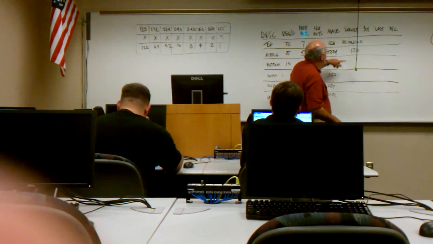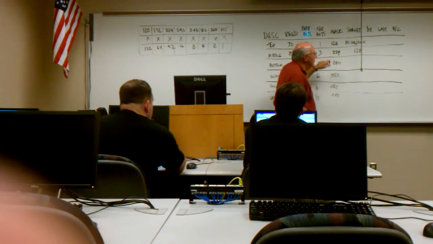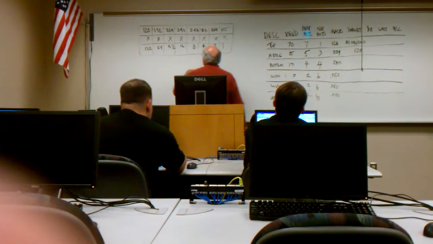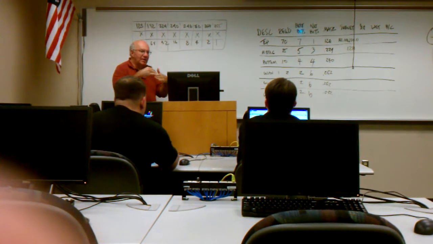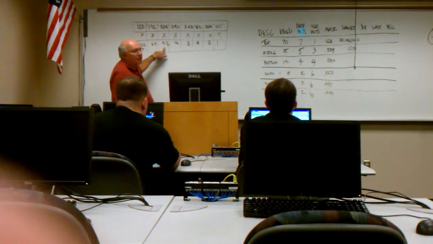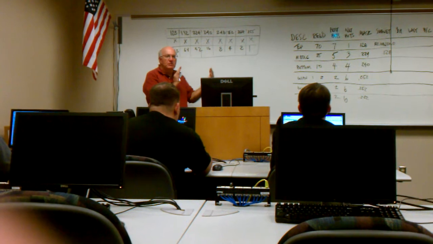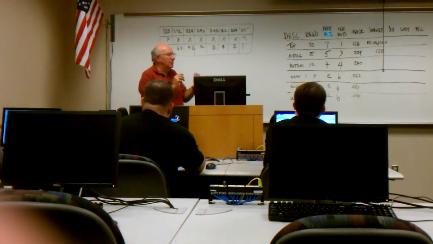Now if I want to do the same thing here with 224, I take 256 and subtract 224 from it, and we get 32. It says that the range of my numbers is 32 numbers.